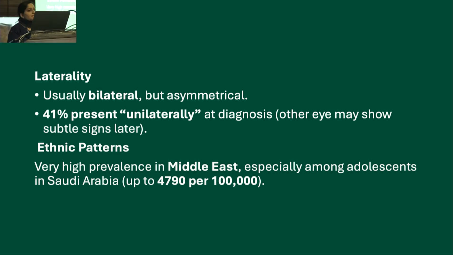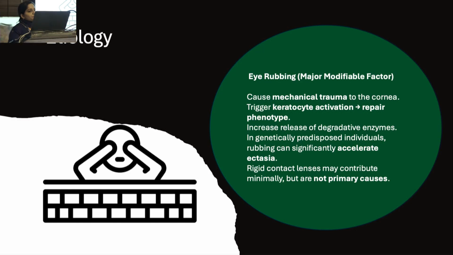It's a bilateral and asymmetrical disease. Usually 40% present as unilateral, and when we look for changes in the other eye, they usually start with subtle signs. It is more common in the Middle East population.